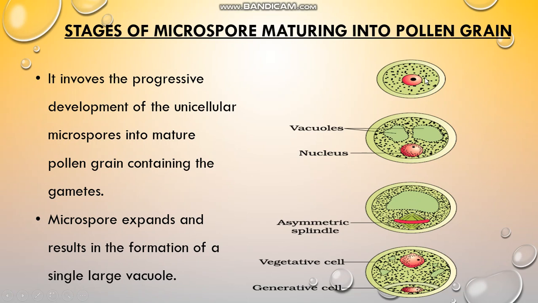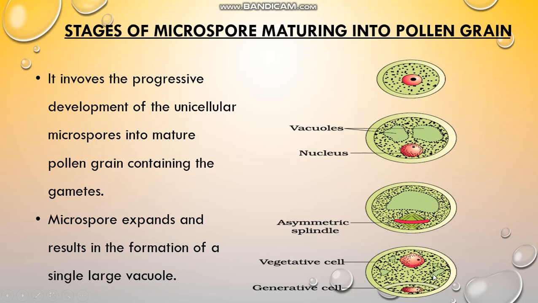Then the microspore nucleus undergoes mitosis. Initially the nucleus divides, then the whole cytoplasm divides, and inside the same microspore, two cells are formed.